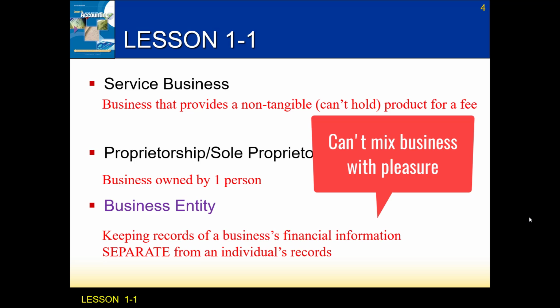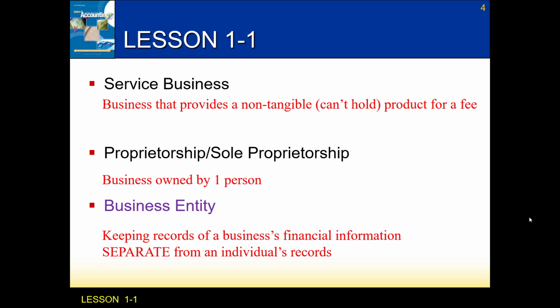We're not going to mix business with pleasure. So if I own my own company, I can't take all of my personal bank account stuff and mix that up with my company's bank account stuff. They have to be kept completely separate. So the business is its own separate entity, and me as a person am my own separate entity.